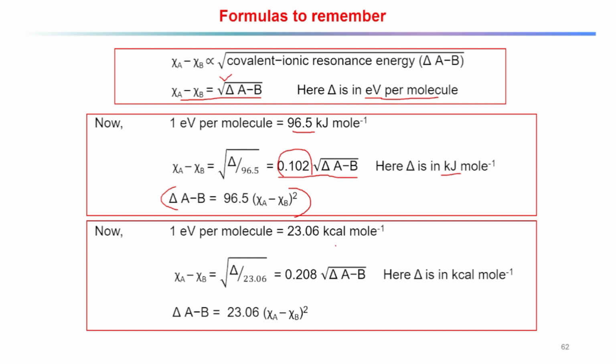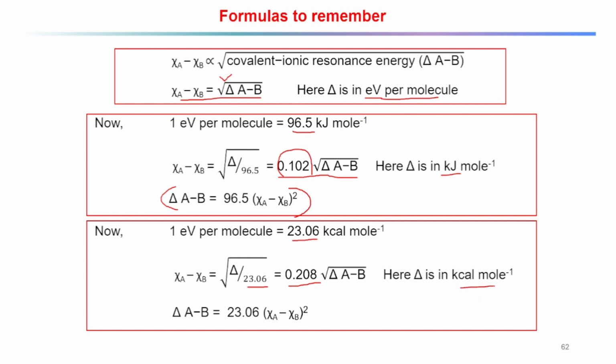And similarly, you can convert this eV per molecule to kilocalorie per mole using this factor. So if you just divide it by 23.06, you will get chi A minus chi B equals 0.208 square root of delta. So here delta is in kilocalorie per mole.